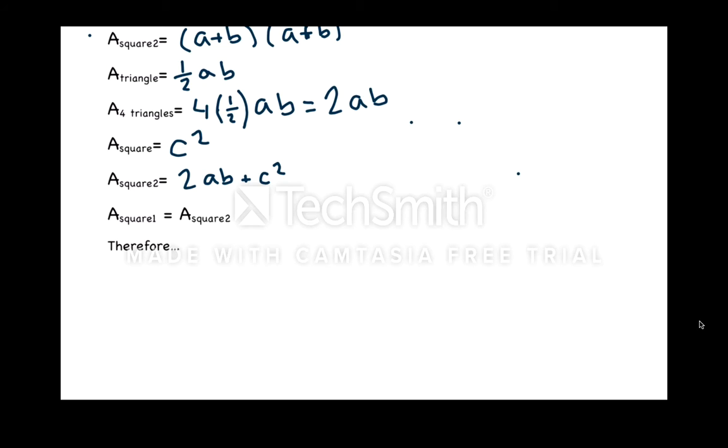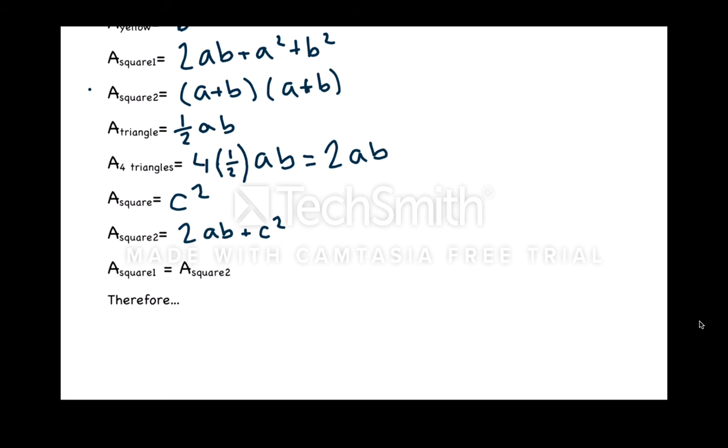So we can set the areas equal to each other, which is when we want to use the second areas that we found, which for square 1 would be 2AB plus A squared plus B squared.